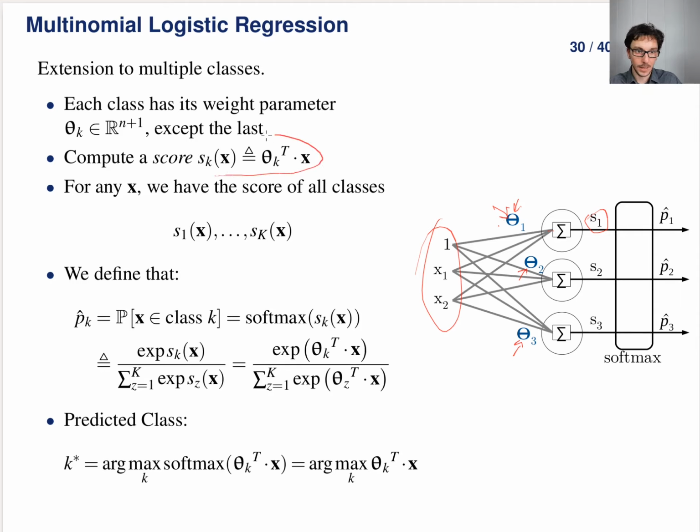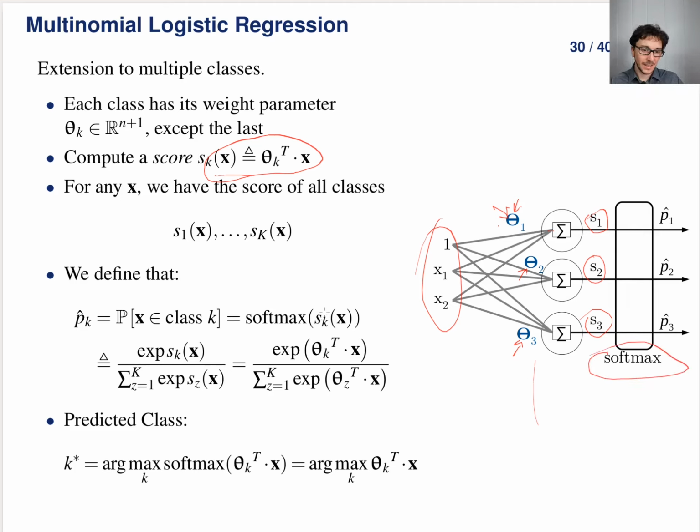We do the same to obtain S2 and to obtain S3. These numbers are called scores, and they can be positive, negative, very big, very small, etc. But at the end, we would like to have something that looks like a probability. This is why we add a softmax layer.